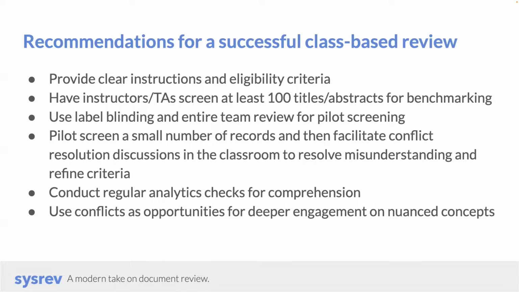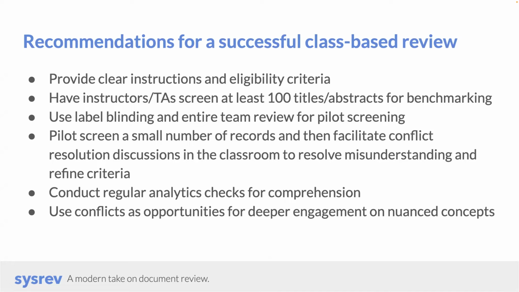And that's even with trained domain experts, let alone students. So providing clear criteria, but also iterating on those criteria and using those, potentially, conflicts around inclusion as a way of continuing to hone, discuss, and refine the criteria for the review.